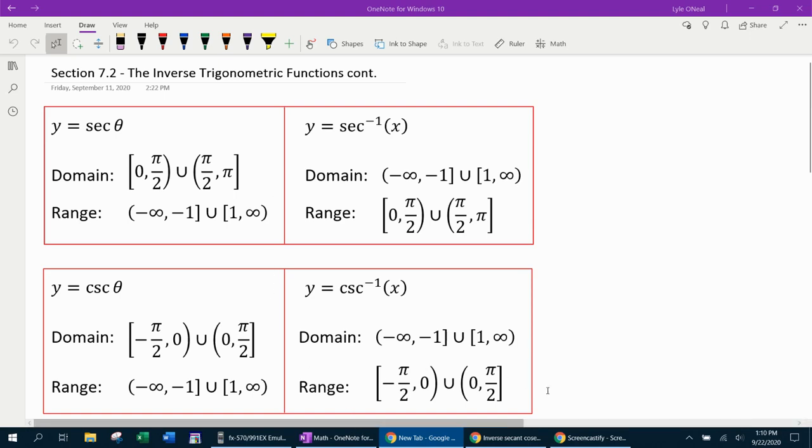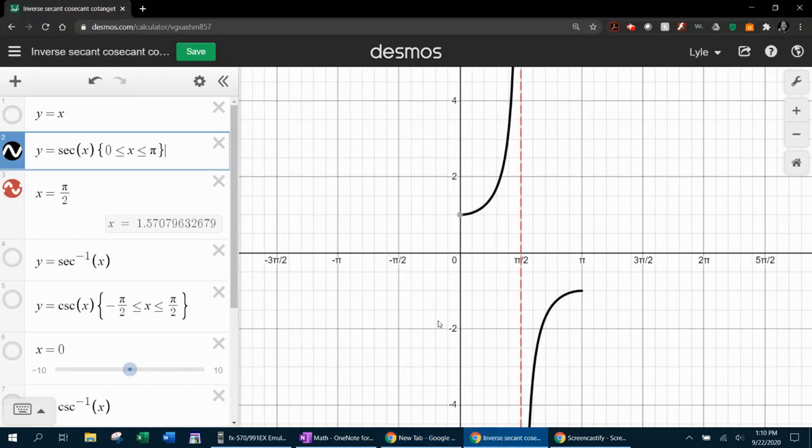Now we're going to go to our Desmos, and notice that here I've got the secant graph, but I have the domain restricted according to the restrictions that are required. And let me see if I can explain why that is, okay?